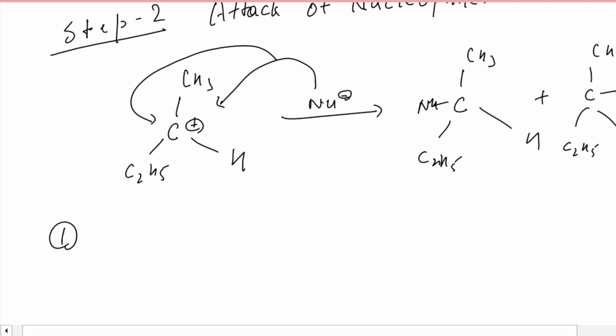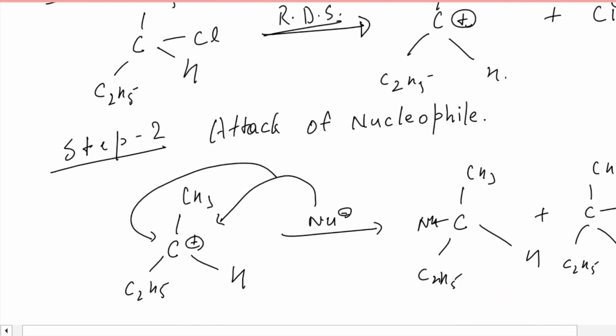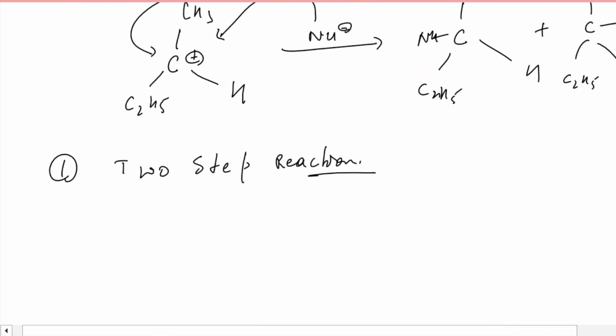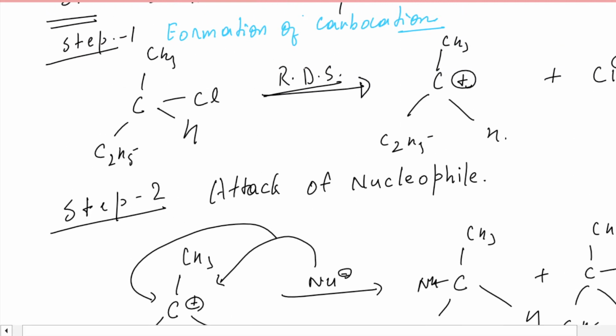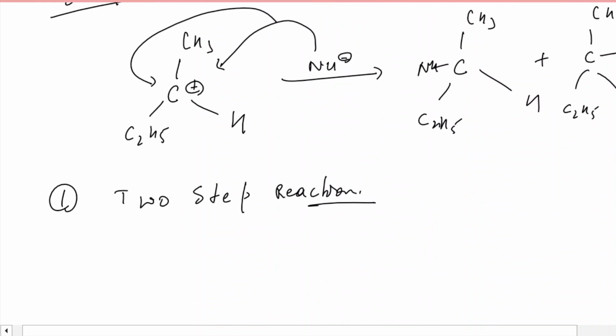So the first point I would like to mention here is this is a two-step reaction. And step one, that is formation of carbocation, is the slowest step of the reaction, which is the rate determining step. Since formation of carbocation has to take place here, the reaction will be favorable in polar protic solvents.